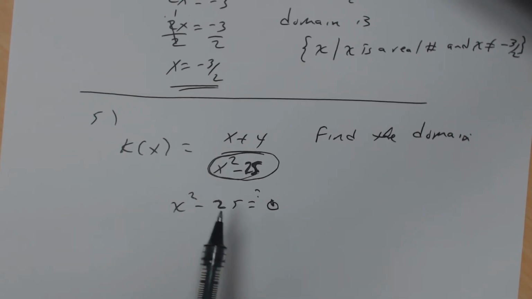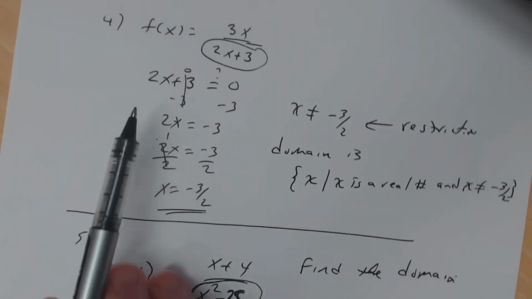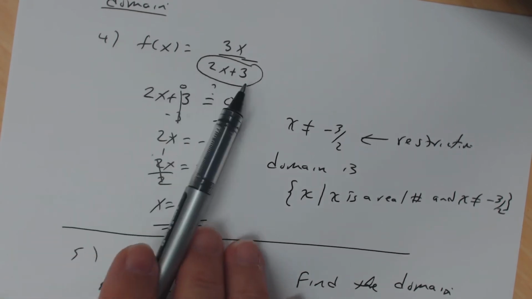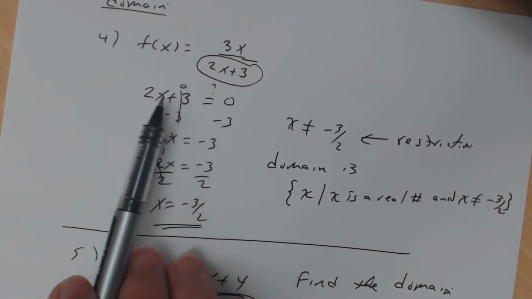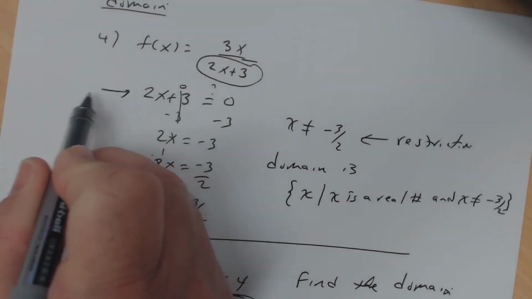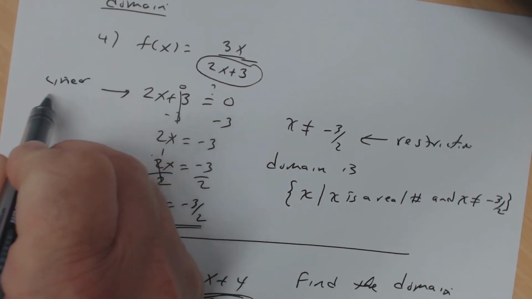Remember, when we did the previous three, when I set the denominator equal to 0, that was a linear equation.